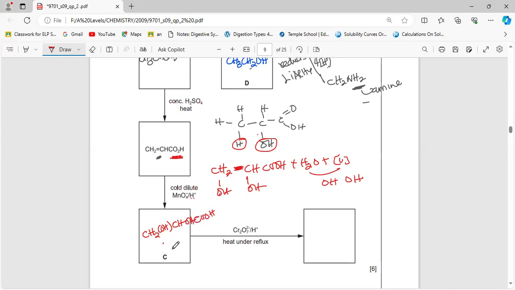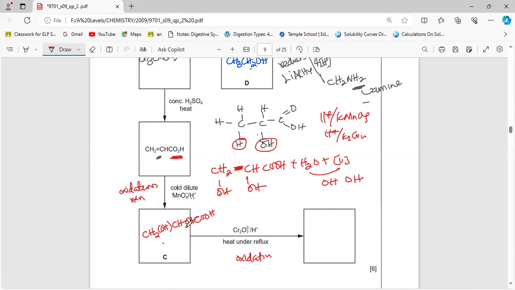Now this compound is reacting with acidified K2Cr2O7 under reflux. This reaction is also called an oxidation reaction, because the oxidizing agent is acidified KMnO4 or acidified K2Cr2O7, which I've mentioned earlier.